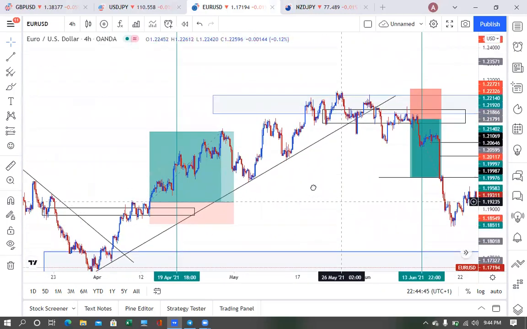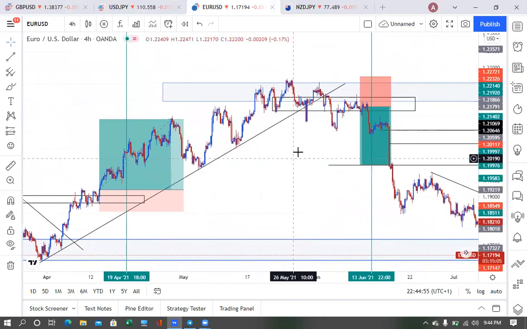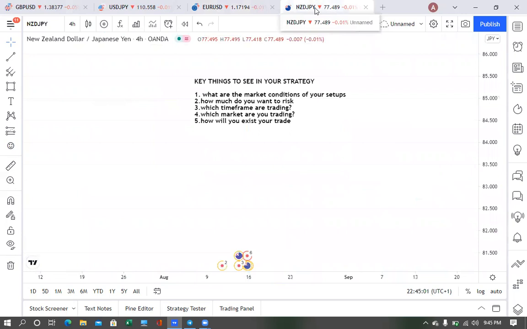So the strategy that you use, the time frame that it works on and the market that it works on, really tells you the time frame that you are to use when you are to trade in the current market. That is why backtesting is very, very important.